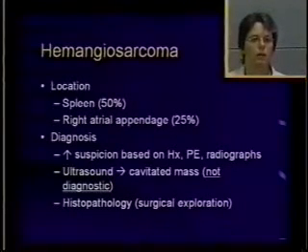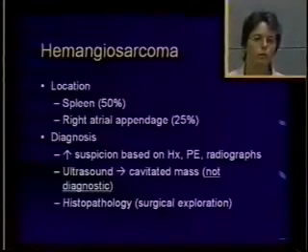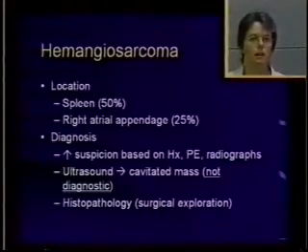So the ideal way to get a diagnosis of hemangiosarcoma, particularly of the spleen, is to do a surgical exploratory, to remove the spleen and have histopathology done. But keep in mind, many of these animals will, as I said, have coagulopathies, and so it's a good idea to try to assess clotting status at some point, either by running a PT-PTT or an activated clotting time.